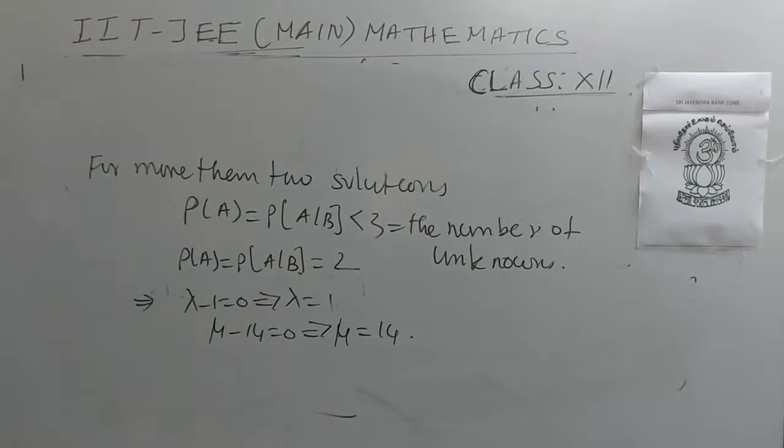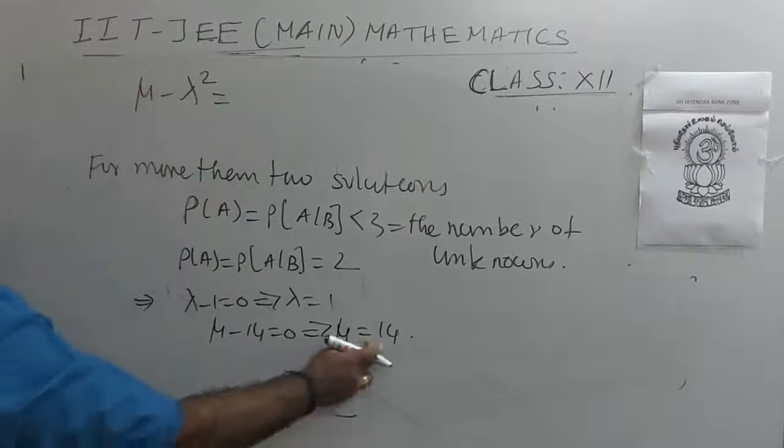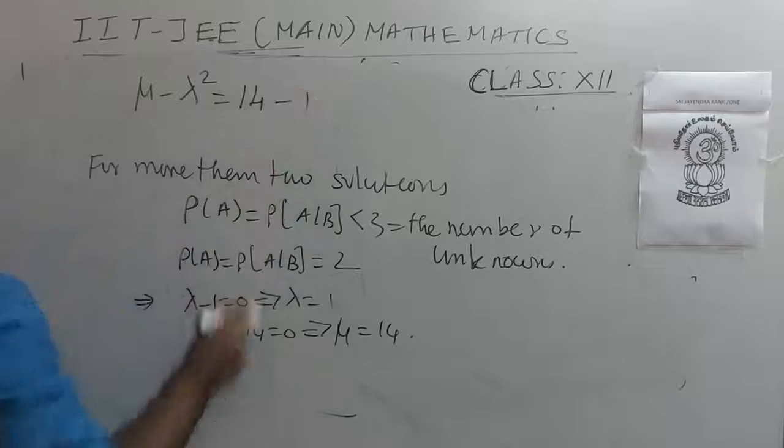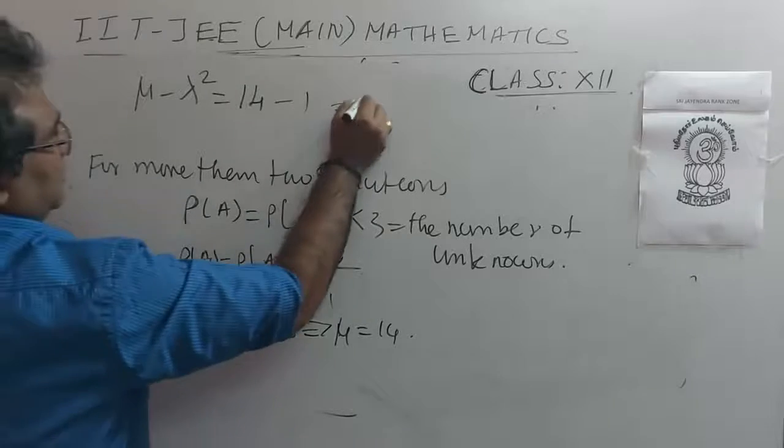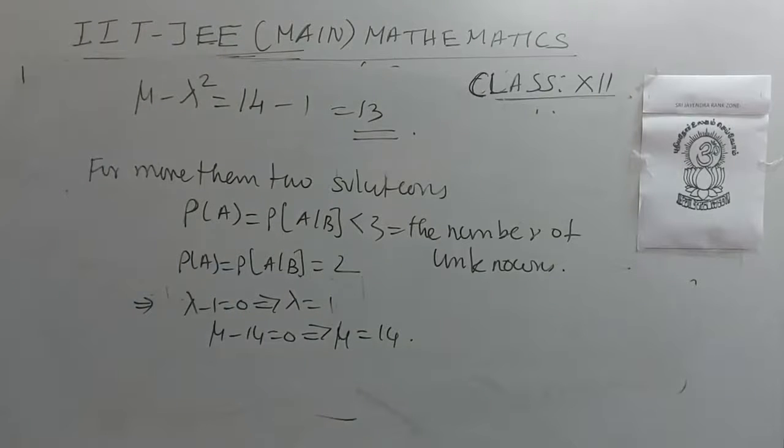We need mu minus lambda squared, that is 14 minus 1, which is equal to 13, which is the required answer.